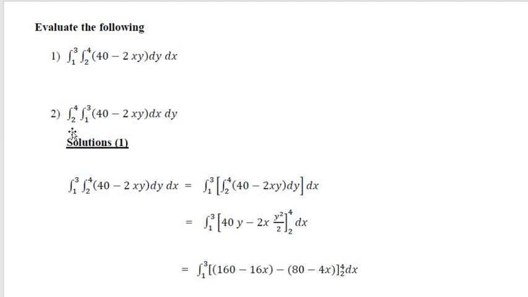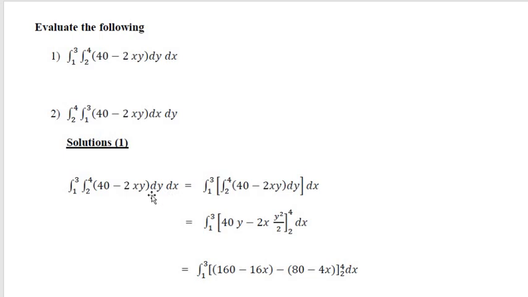So here the inner integral limits are the limits of x, that is 1 to 3, and the outer integral limits are the limits of y, that is 2 to 4. Integral 2 to 4, integral 1 to 3, 40 minus 2xy dx dy. According to this Fubini's theorem, these two are equal.